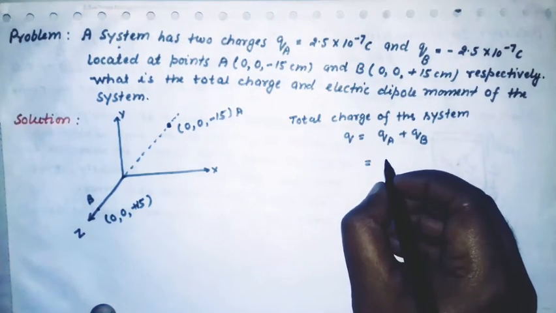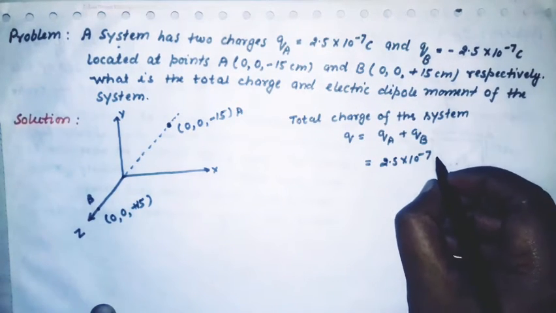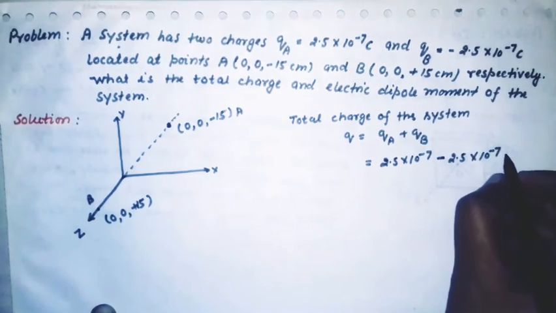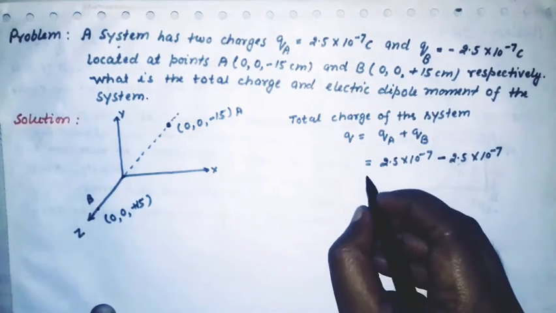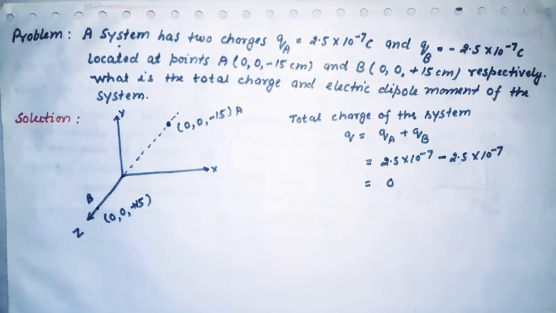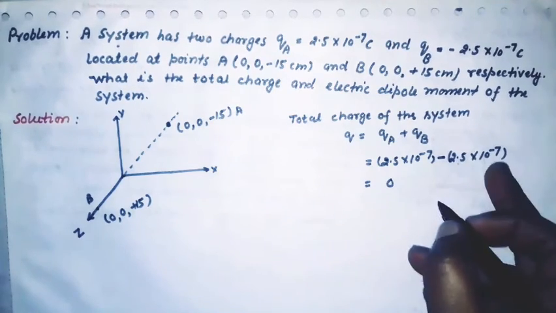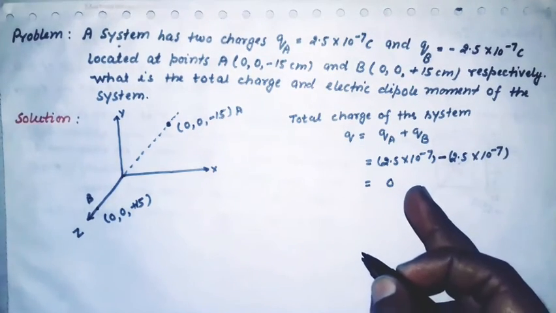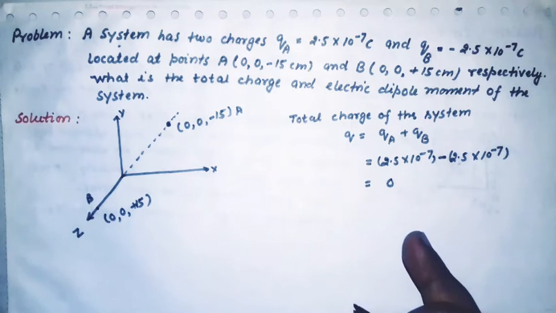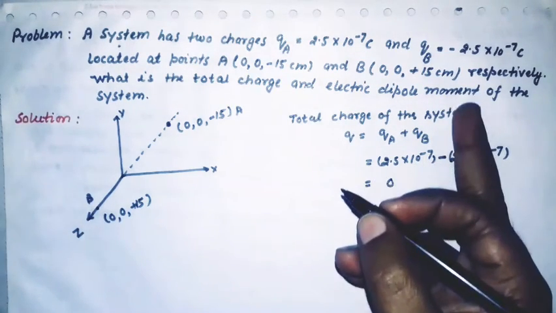This becomes 2.5 into 10 to the power minus 7 minus 2.5 into 10 to the power minus 7. These are equal and opposite, so they will cancel each other and this becomes 0. So this is the total charge, and next we have to find the electric dipole moment.